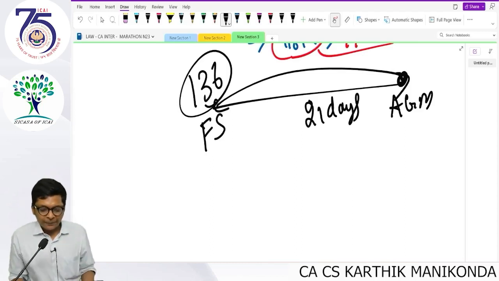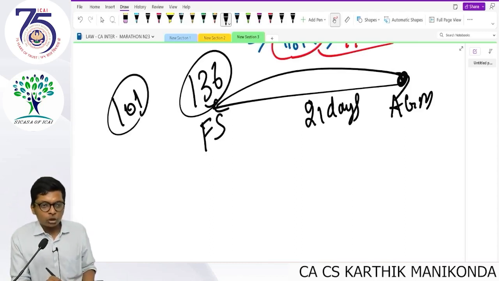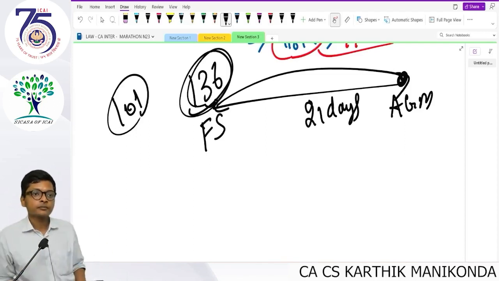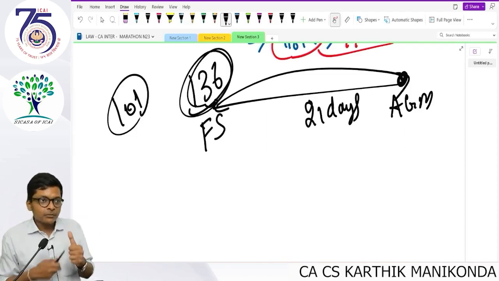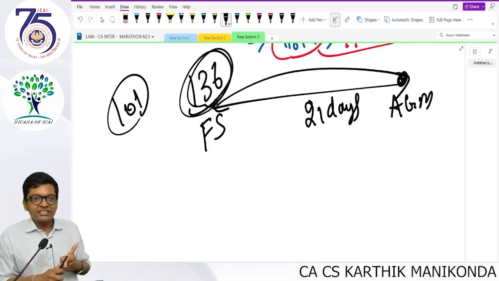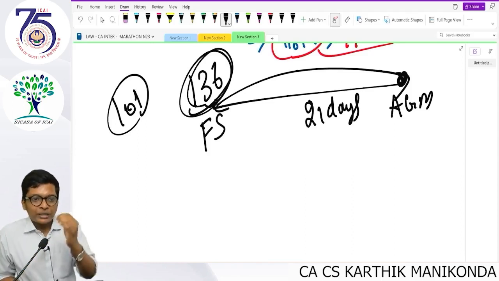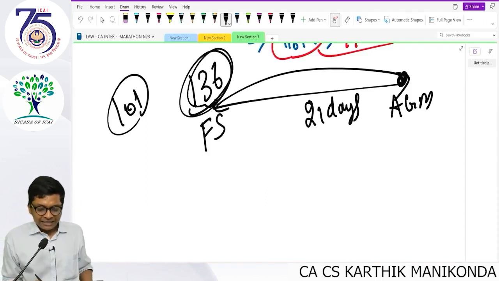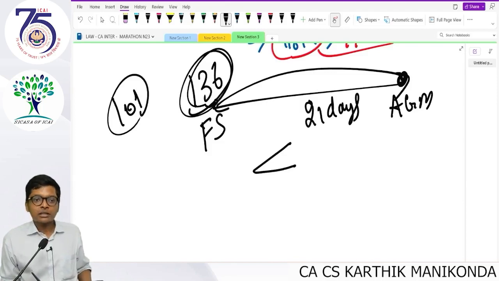That means, can I interpret and say, 101 is notice, 136 is circulation of FS, send both together? So before the AGM, notice and financial statements will be sent together. Sent together to whom, guys? Members. Can I send a shorter notice?